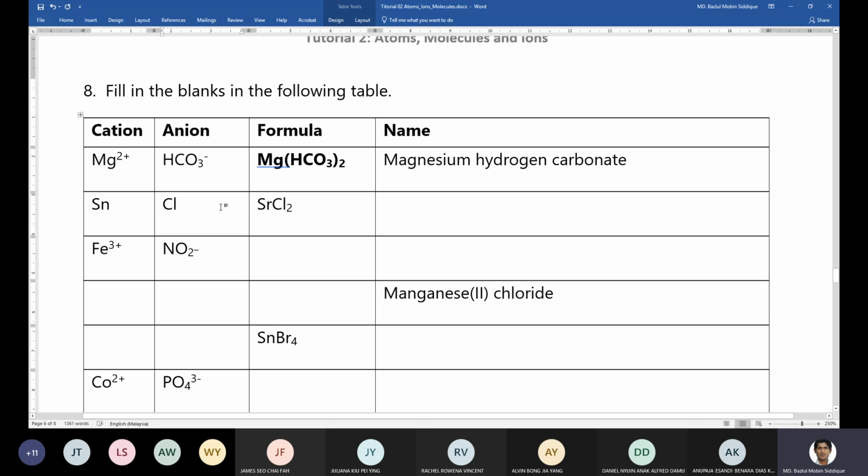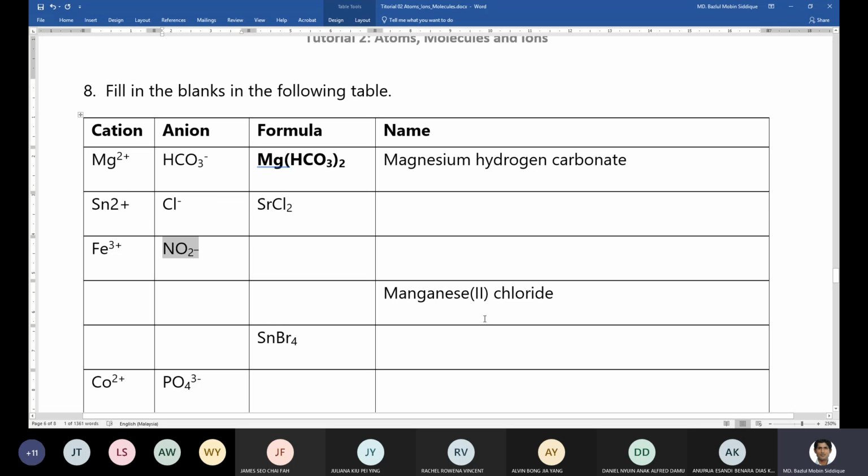Of course, chlorine is -1, so strontium should be +2, 2 positive charge. It will be strontium chloride.